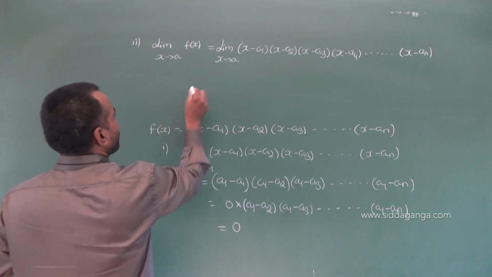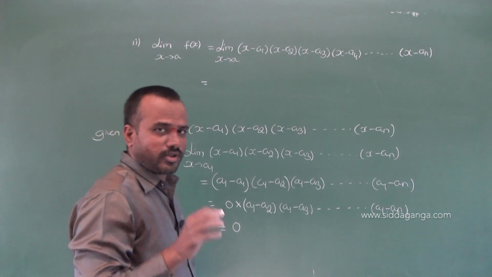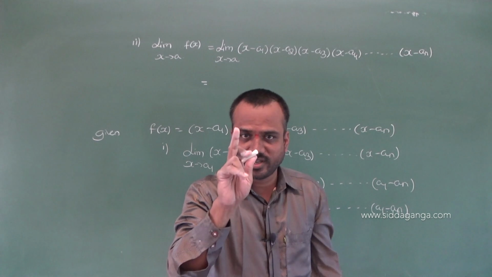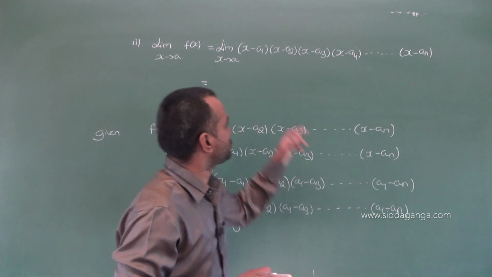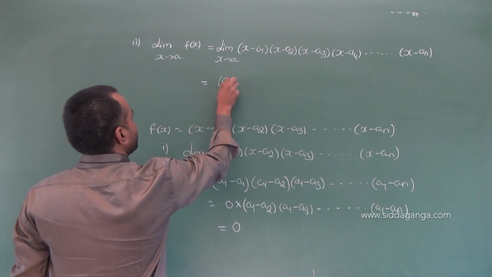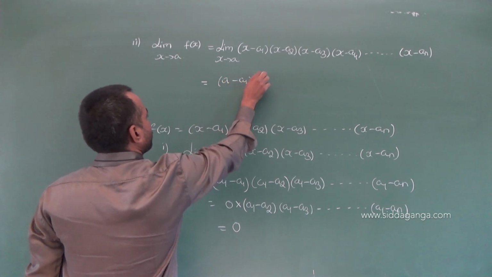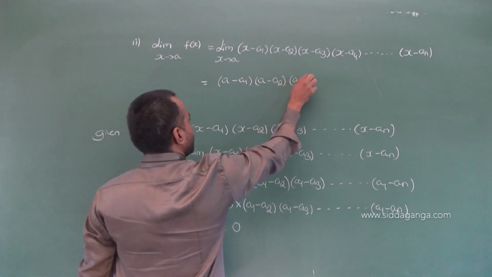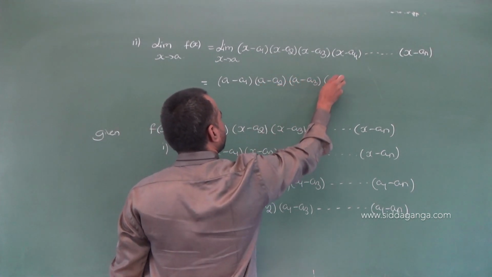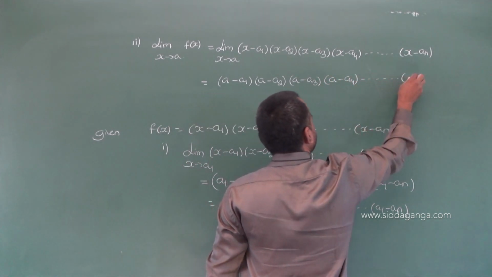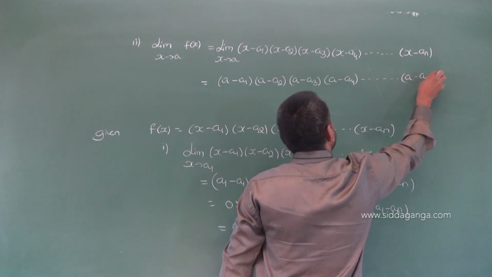So what we do here, wherever x is present in f of x, substitute a: (a minus a1)(a minus a2)(a minus a3)(a minus a4)...(a minus an).